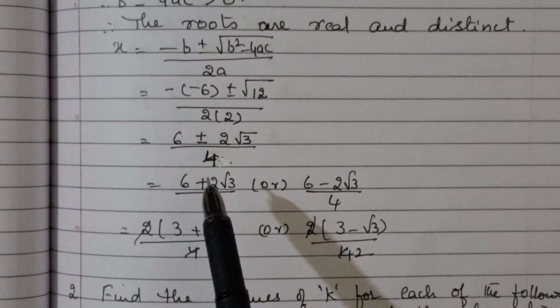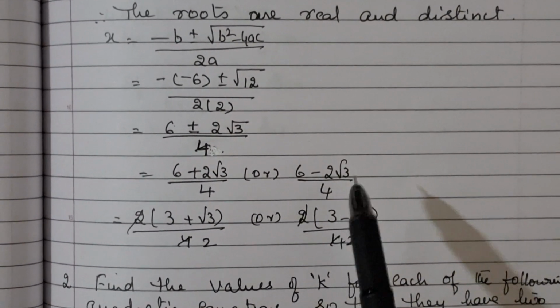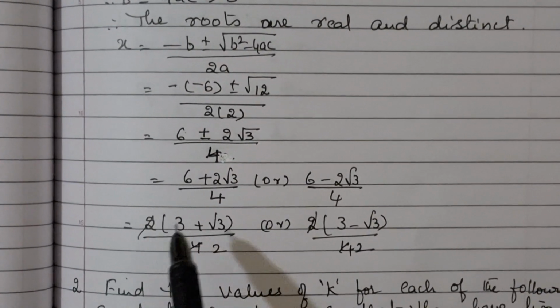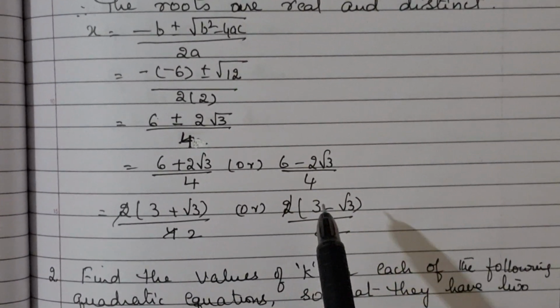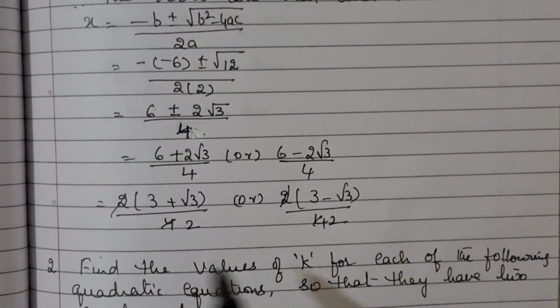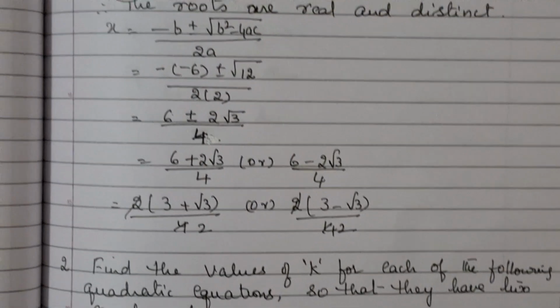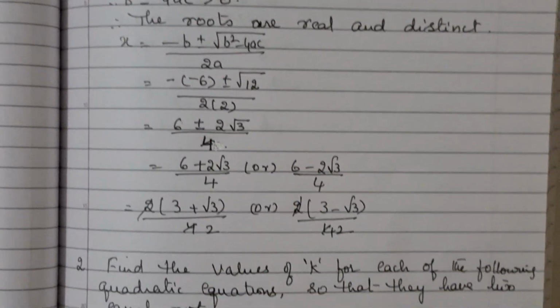So (6 + 2√3)/4 or (6 − 2√3)/4. Here I am taking 2 as common: 2(3 + √3)/4 or 2(3 − √3)/4. That is (3 + √3)/2 or (3 − √3)/2, the solutions for the first problem, third bit, children.